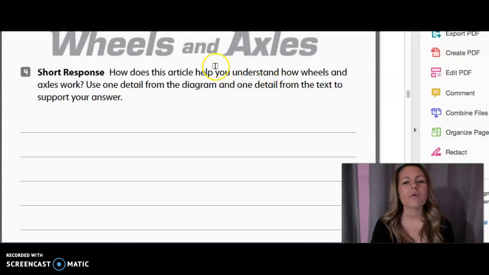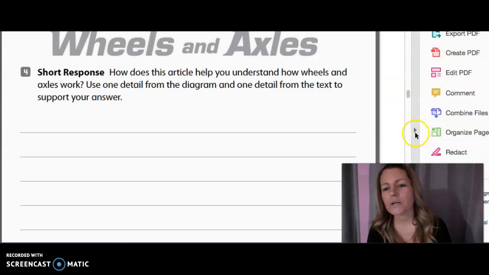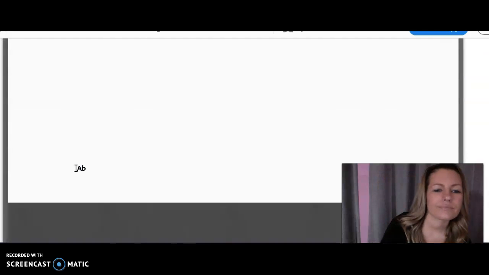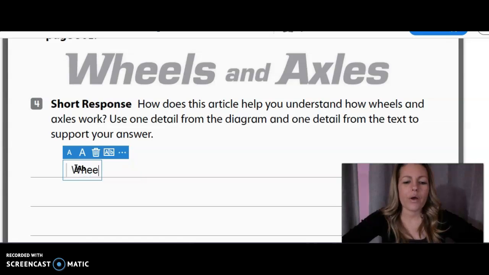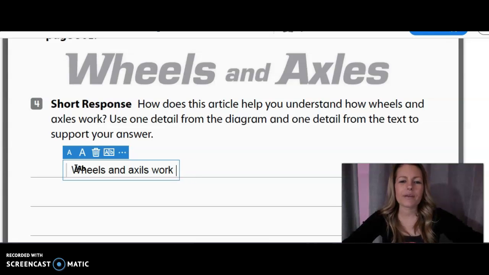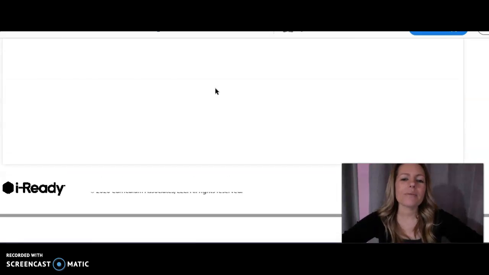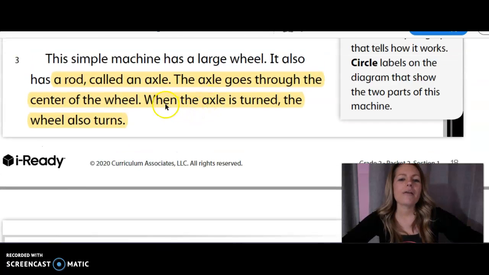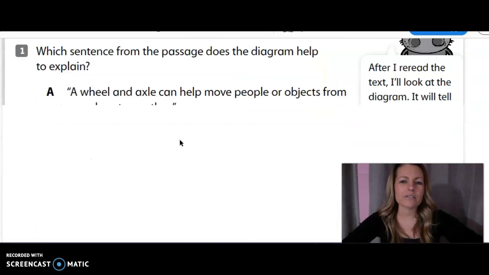So, the question was, how do wheels and axles work? Well, wheels and axles work because, up at the top, it says that when the axle is turned, the wheel also turns.